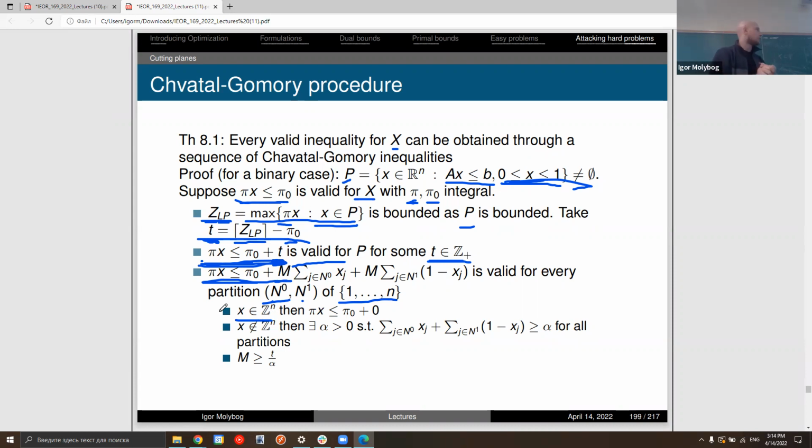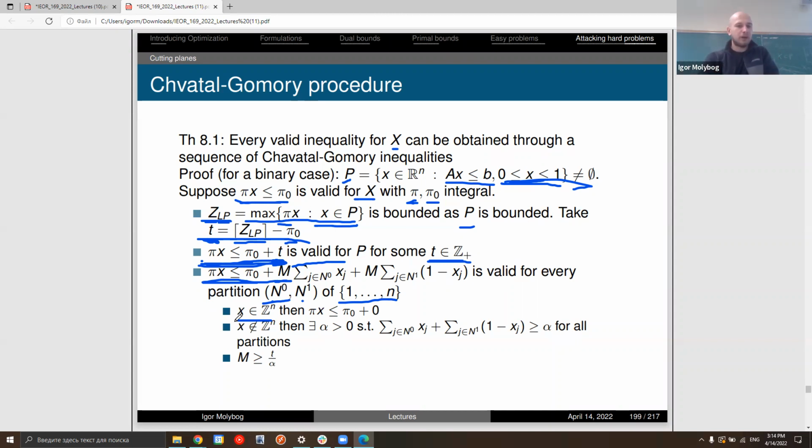You will actually have to do it yourself in the homework and most probably in the exam too. In this particular case, we are looking at the points from the set P, the set for which we are trying to prove validity of this inequality. We are checking that this inequality does not cut off those points.